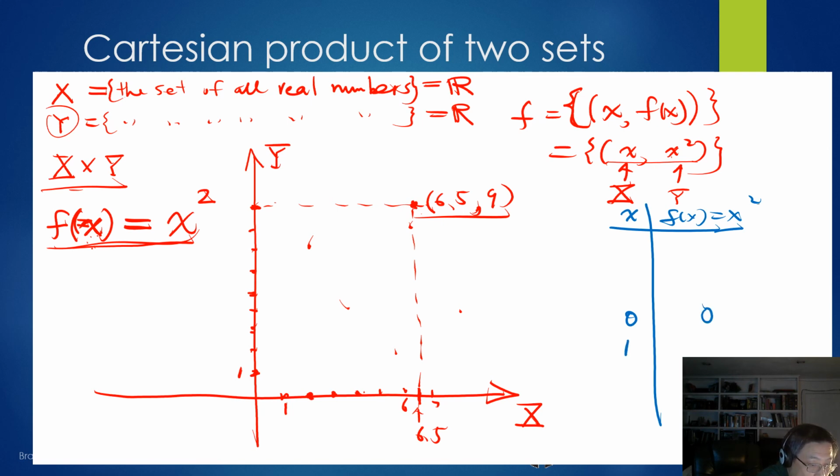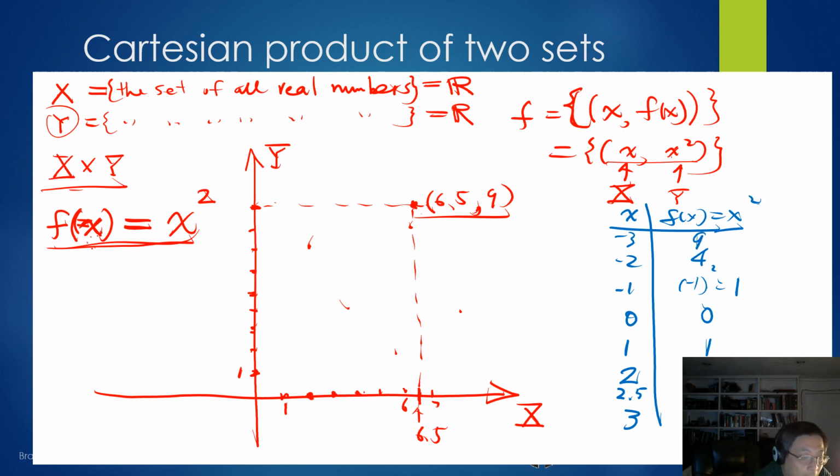If I pick a 1, it's 1. I pick a 2, then it's 2 squared, which is 4. I can pick a 3, which is 9. If I pick a 2.5, I don't know the corresponding value. It's somewhere between 4 and 9, but it doesn't matter. I just randomly pick some numbers. Minus 1 squared is 1. Minus 2 squared is 4. Minus 3 is also going to be 9.